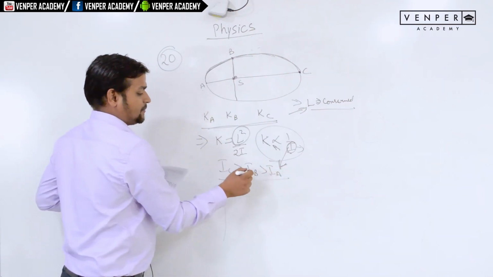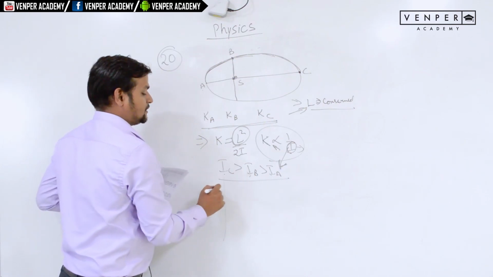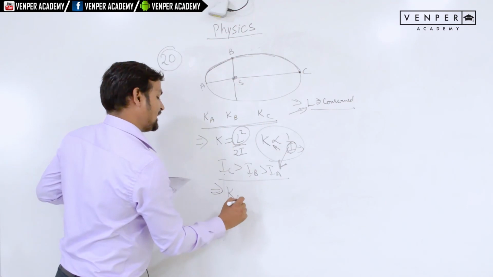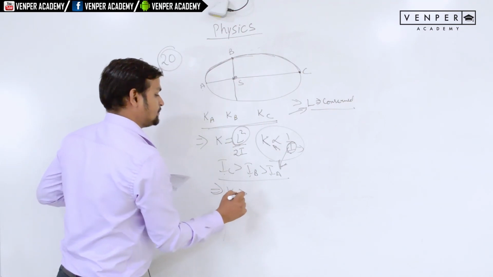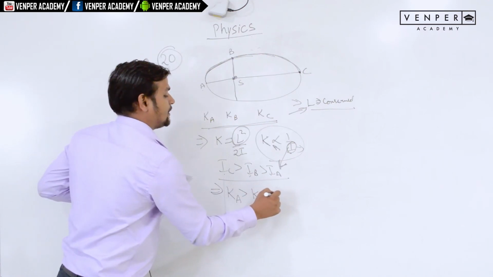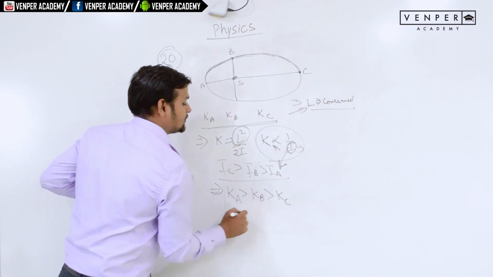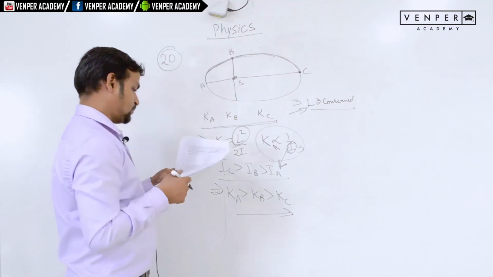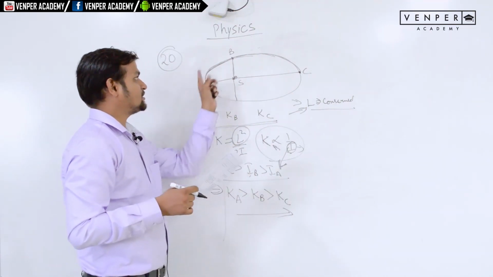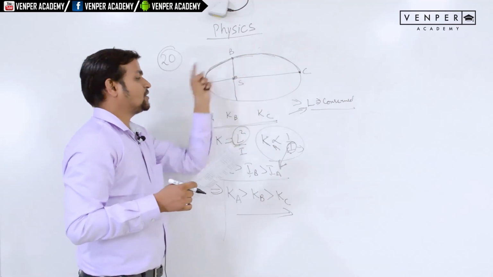IA is less than IB and IB is less than IC. So if this is inversely proportional, kinetic energy at A is maximum, then kinetic energy at B, and after that kinetic energy at C. So which option? This is your fourth option, the relation between kinetic energy of the planet when it is revolving around the sun.